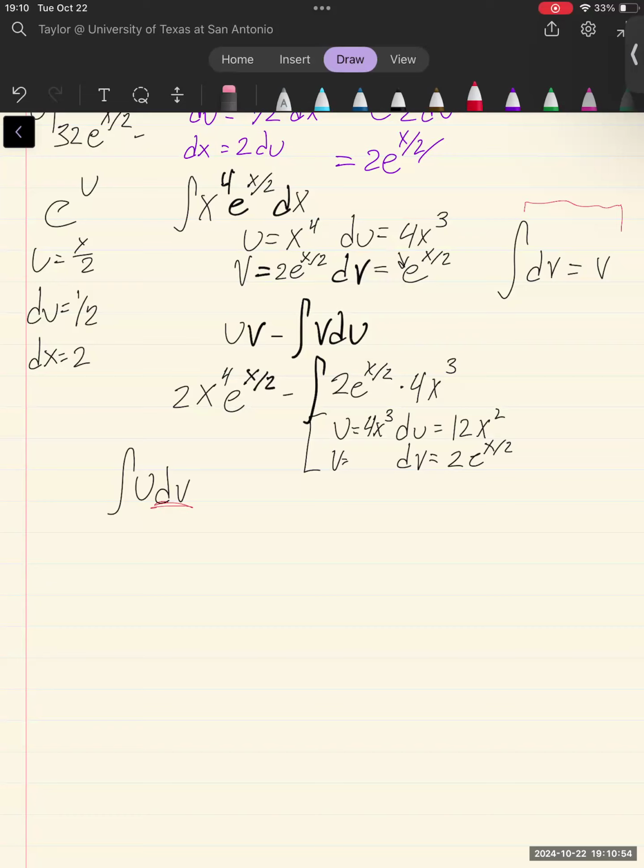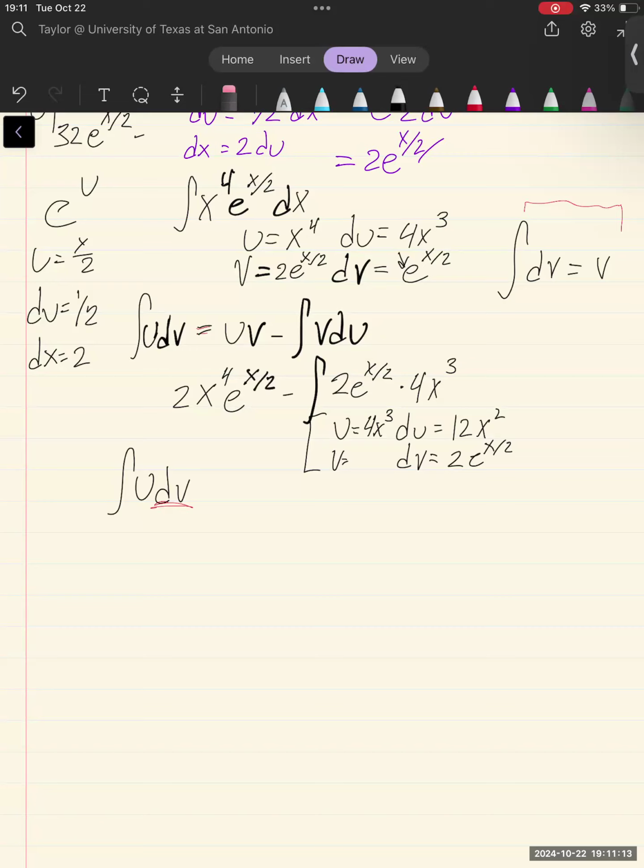This is why relying on the tabular method is kind of bad, because sometimes you forget what the formula actually is. And so when you get a professor that doesn't let you use the tabular method, dv, right?